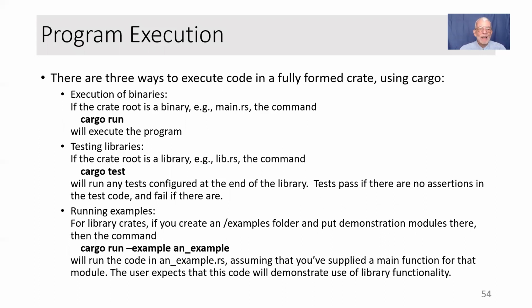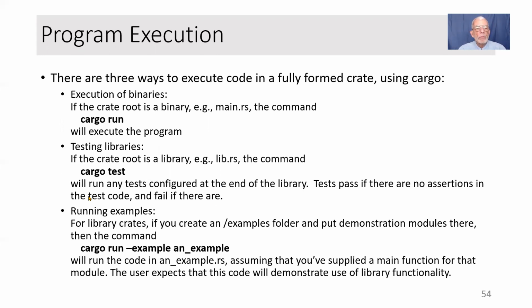But if it's a library, I can run cargo test. It steps down through all the tests. Normally there's a whole bunch of little tiny tests, and it says first test okay, second test. You give it a name, name 1 okay, name 2 okay, name 3 okay, and then you're done.